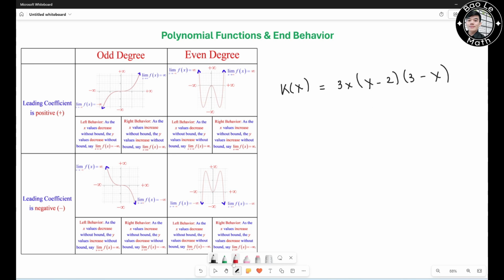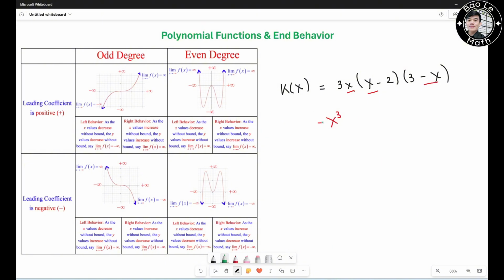First I need to multiply this out, but I don't need to multiply it out completely. I just look at this one, I see that s right here, and this is negative s. So this turned out to be negative s cubed. When you multiply this out, it should be negative s cubed.